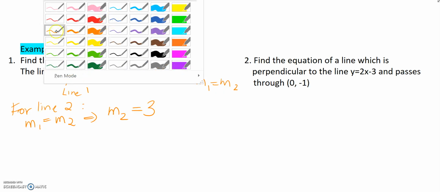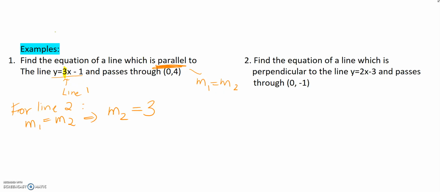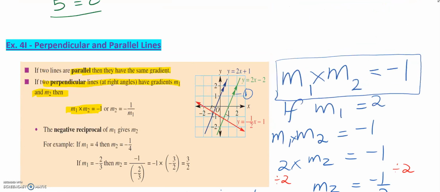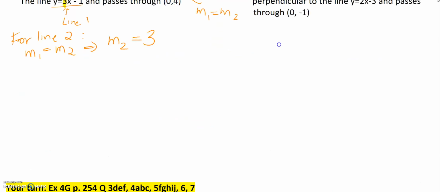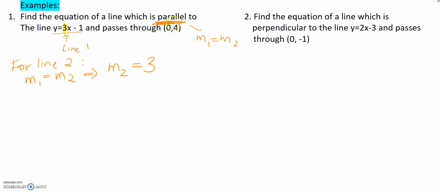To work out what the equation is, then we'll do what we've done before, what we've done up here in that example. So let's go back and do that. Okay, right, so the point is (0, 4). Let's substitute that in the equation y equals mx plus c. y is 4, that is equal to 3 times x, x is 0, plus c. 3 times 0 is 0, so c is equal to 4.